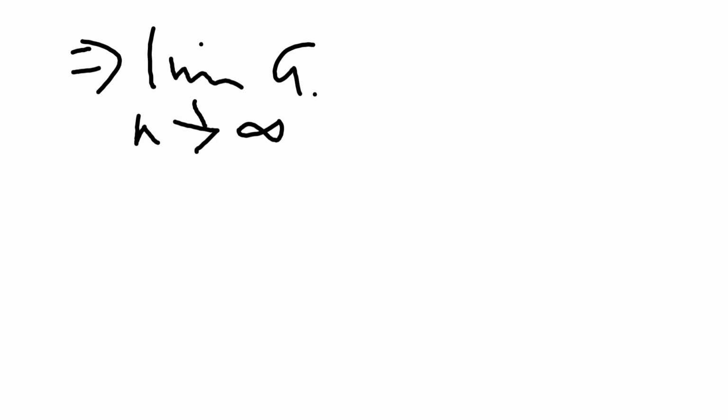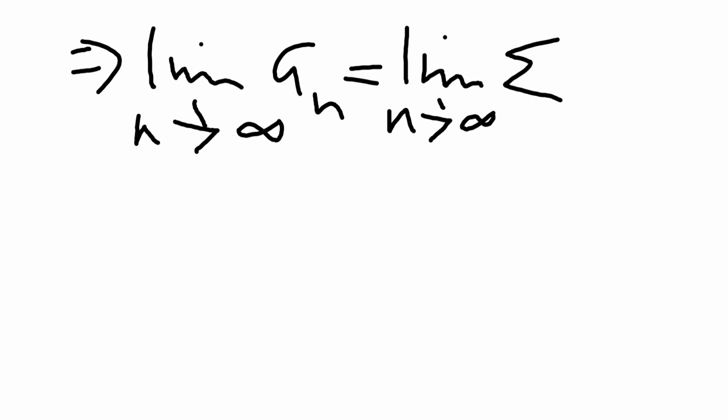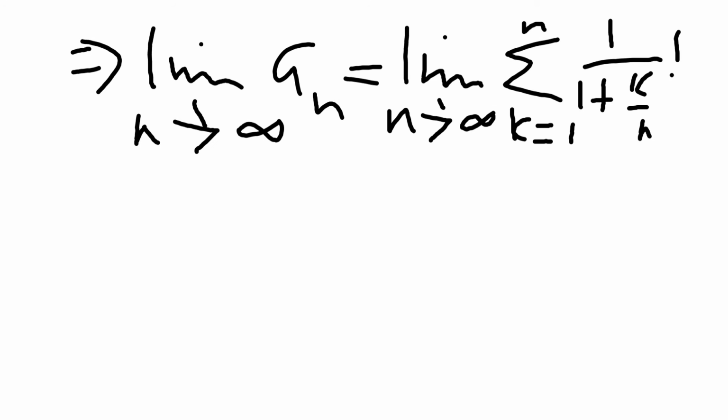Already we know that the limit as n goes to infinity of an is equal to the limit as n goes to infinity of the sum from k equals 1 to n of 1 all over 1 plus k over n, times 1 over n.